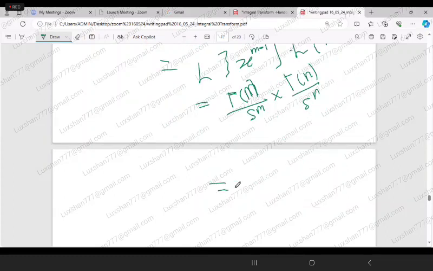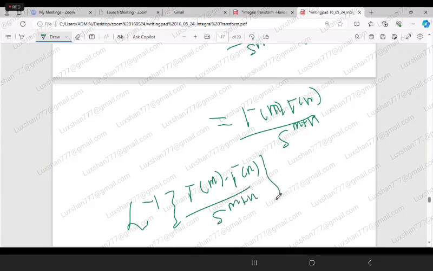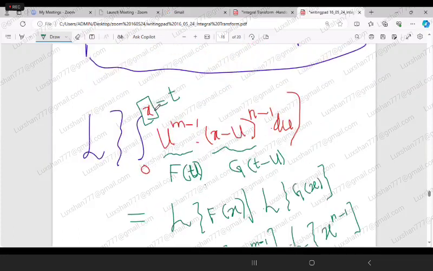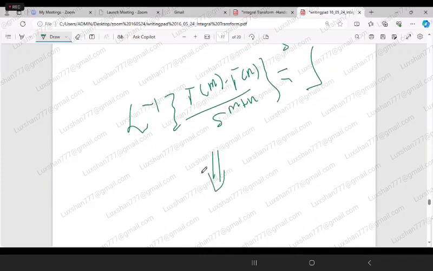So you can write this as gamma m into gamma n over s to the power m plus n. Then if you take the inverse Laplace transform of this one, that is nothing but the integral from 0 to x, this one. Please try this way, and we'll discuss it in the next class also.